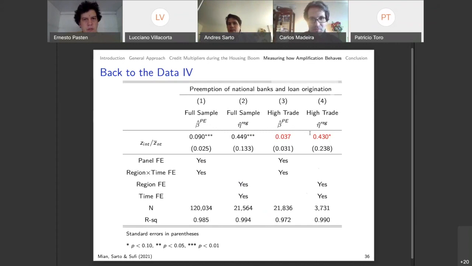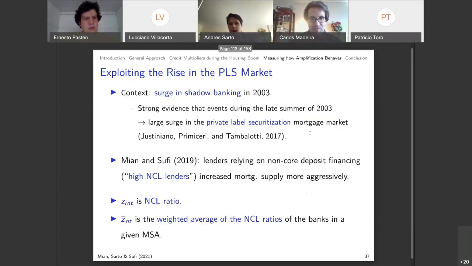So let me quickly show you another application. The other application that we have right now is based on Atif and Amir's credit housing speculation paper. The idea of the identification there is that there was this run up where the private label securitization mortgage market started surging in the early 2000s.